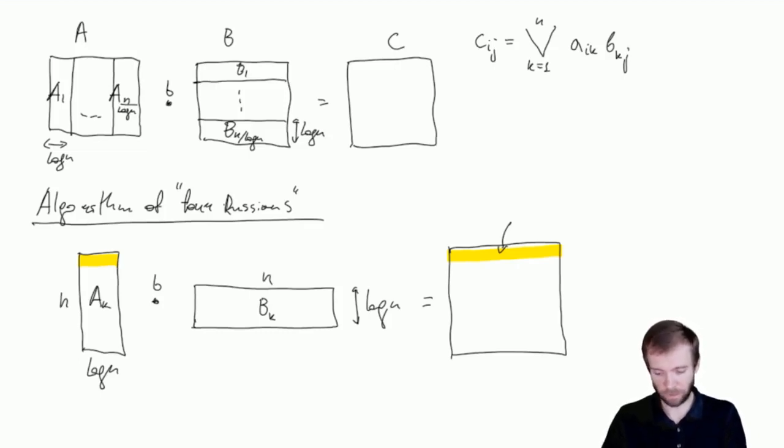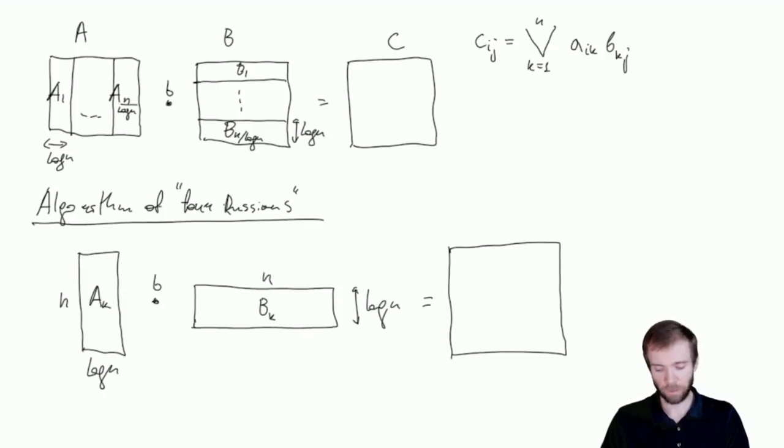So we take an element here, we multiply this element by all the elements of the first row of matrix BK, then we take the second element, we multiply it by all the elements of the second row of matrix B, and so on, and then we take component-wise disjunction of the resulting vector rows.